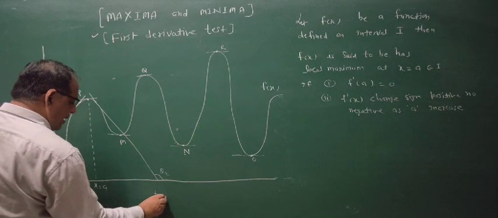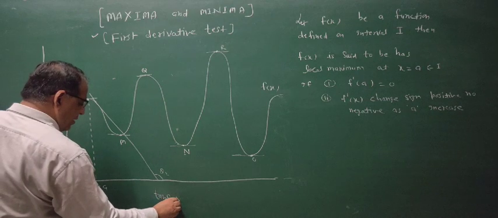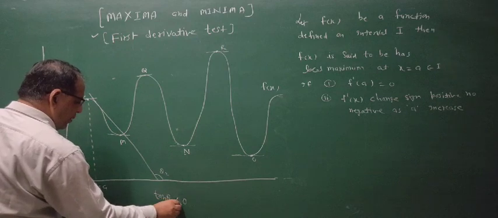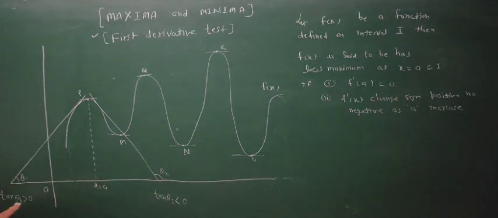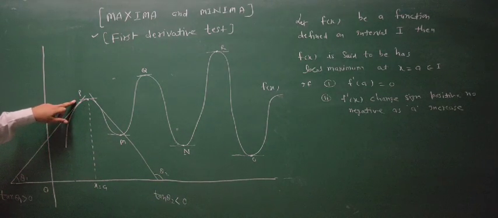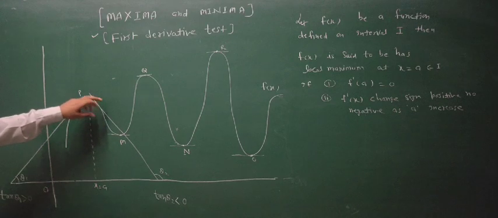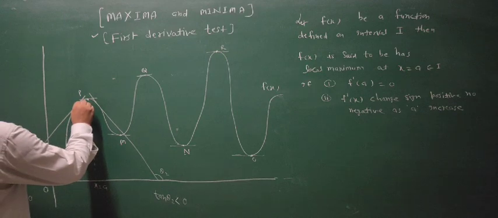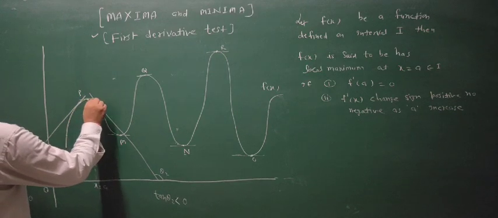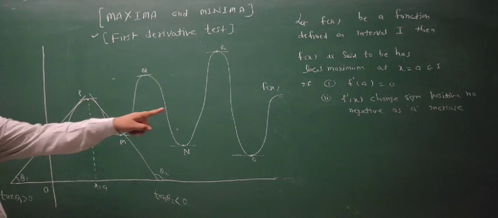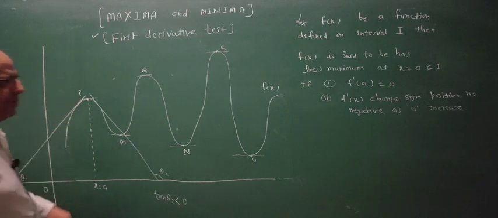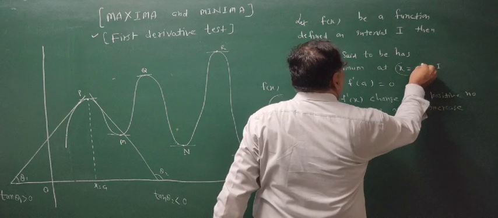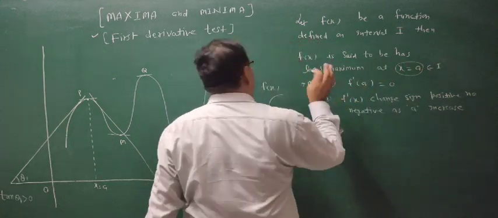Here tan theta 2 is less than 0, because theta 2 is an obtuse angle. So tan theta 1 is positive and tan theta 2 is negative. That means the slope of the tangent changes from positive to negative as x increases. So we can say x equal to a is the point of maximum.